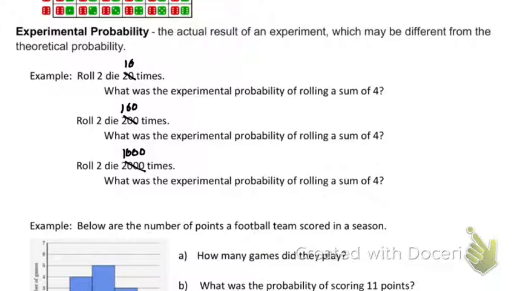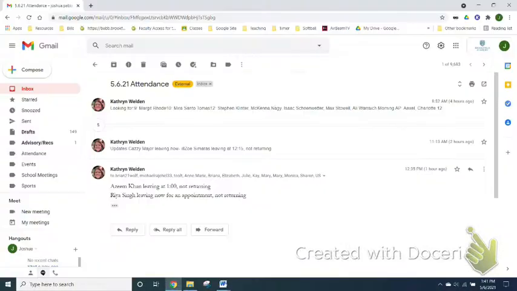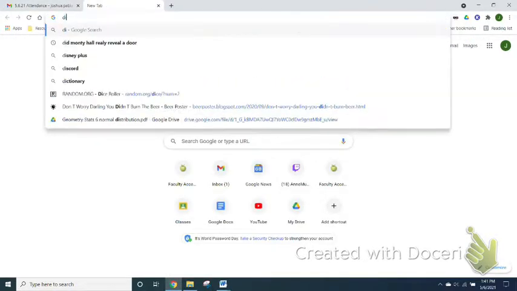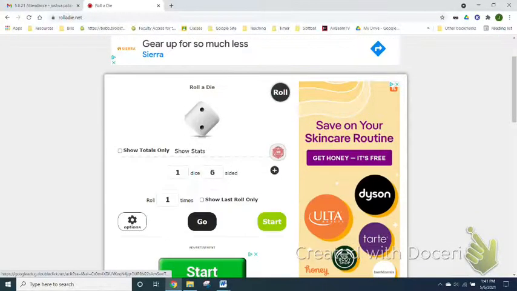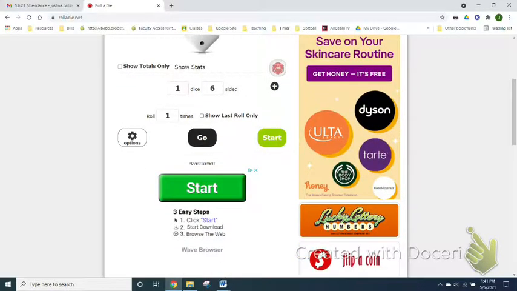So let's actually roll these die hypothetically, pretty accurately, because we're going to have a little die roll. Is this the right one? Yes, this is it. Give me 1 second. I'm going to roll a die real quick.